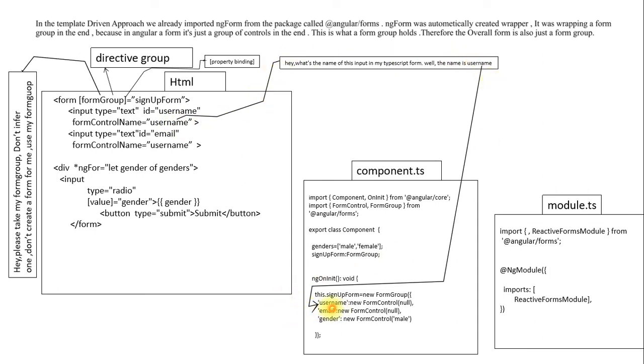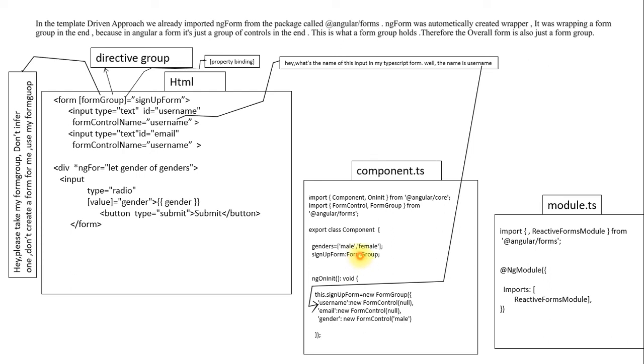Username is a new FormControl, so we are using formControlName. Username is a part of the FormGroup. The FormGroup is assigned to signUpForm. signUpForm is a property whose type is FormGroup.